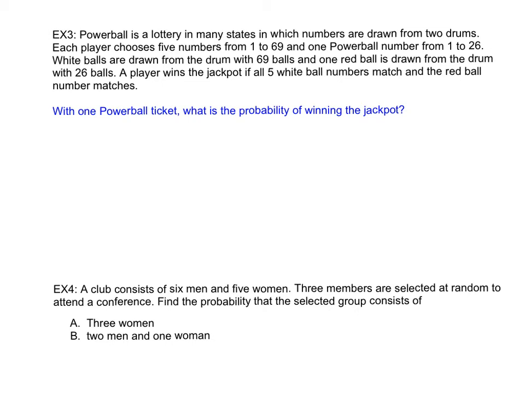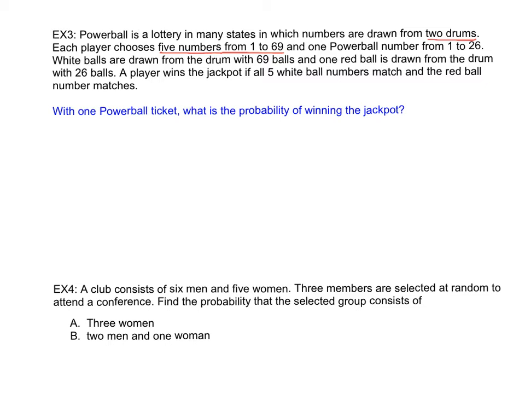Let's look at another example. Example 3 has another type of lottery. It's called a Powerball. And that's in some states where there's actually 2 sets of numbers that you choose from. So you have these 2 drums. In one of the drums, you're choosing 5 numbers from 1 to 69.